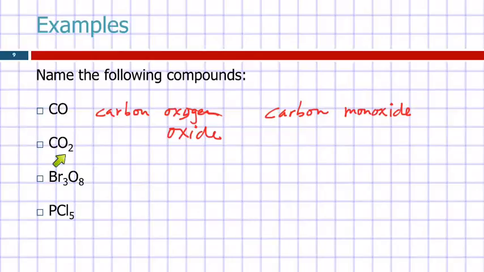What about this one? This one's also 2 elements. The same 2 elements. But it's a different compound. This one has 2 oxygens. So instead of carbon monoxide, carbon and 1 oxygen, this is carbon dioxide.